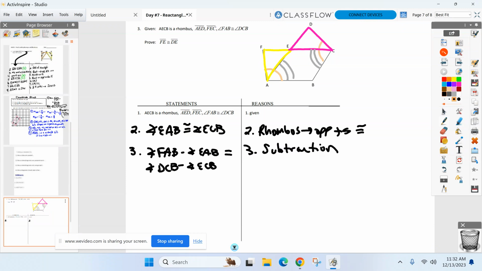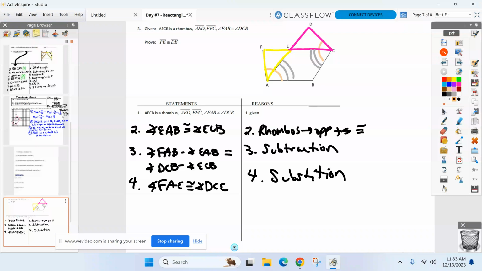Those angles are equal, and the ones next to them are. Yeah, we know. A little thing we call subtraction. And then substitution will say the angles in the triangles are equal, right? Angle FAE congruent to angle DCE. Now I'll put an A next to that bad boy.